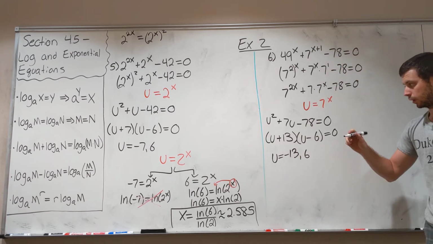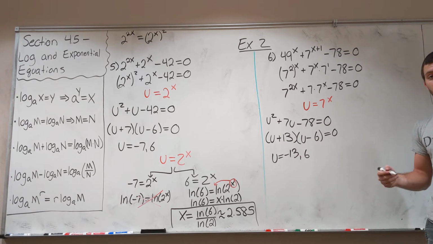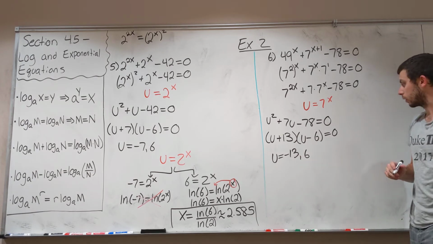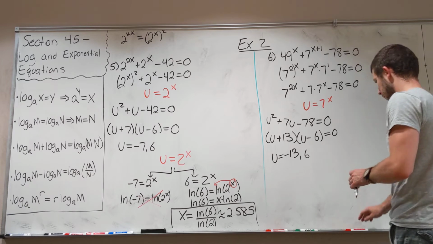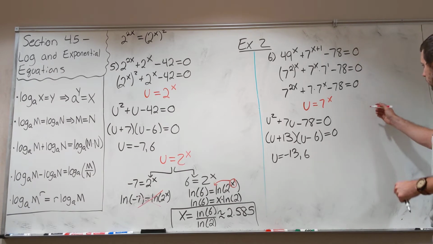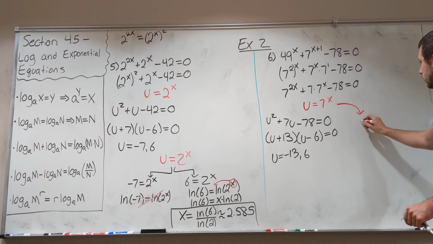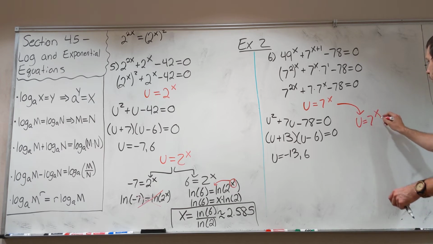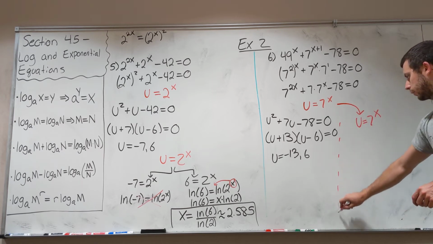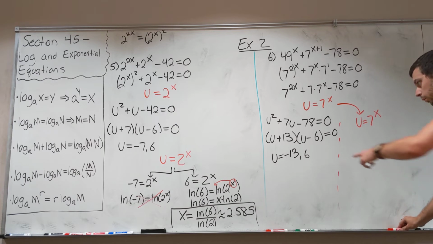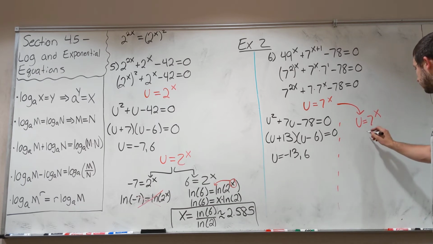But remember, u's are not good enough. We have to convert back to x's. So let's remind ourselves of the rule. And we'll go ahead and see how both of these numbers fare.